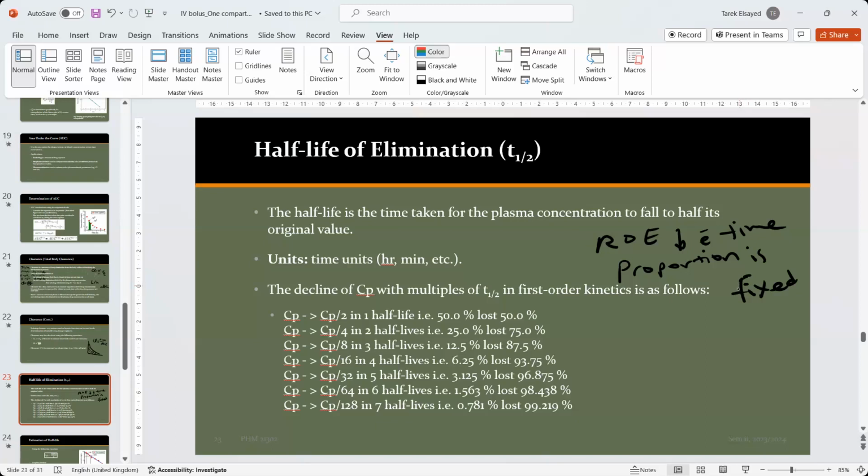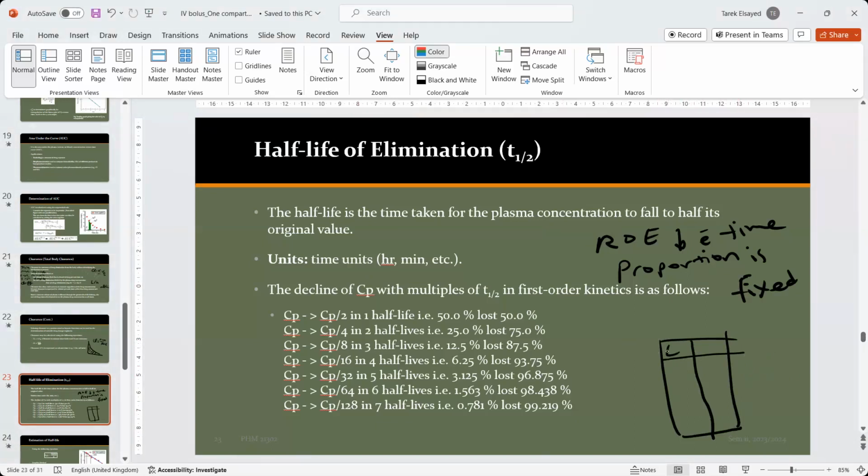It decreases at a fixed proportion. Okay? And I explained to you last time, and we made, I think, a table like this. And we say, for example, every 3 hours, it will become half its original value.